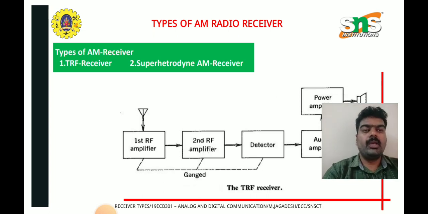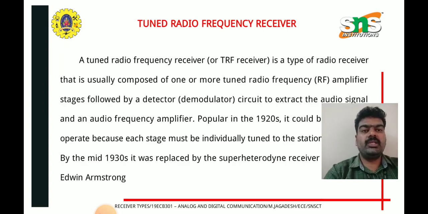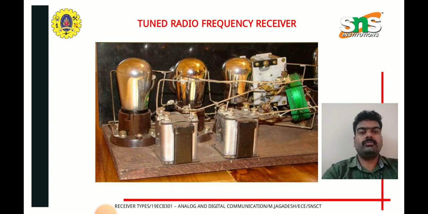The tuned radio receiver, that is the TRF receiver, is a type of radio receiver usually composed of one or more tuned radio frequency amplifiers, and it has an amplifier section and then an output section. This is the tuned radio frequency receiver equipment.